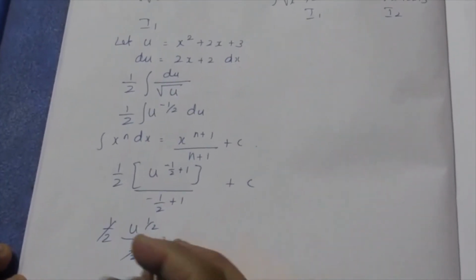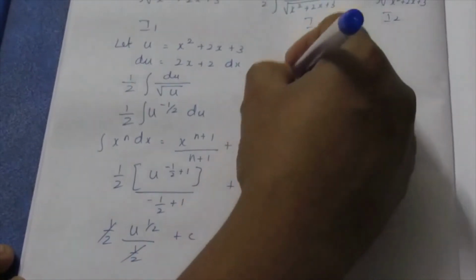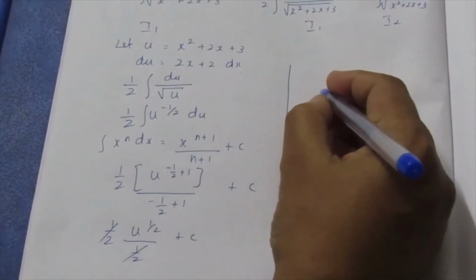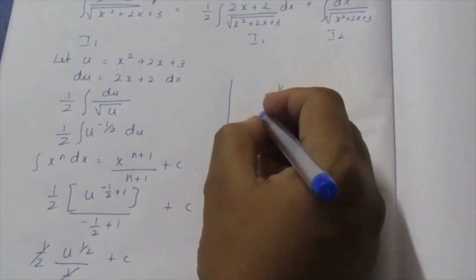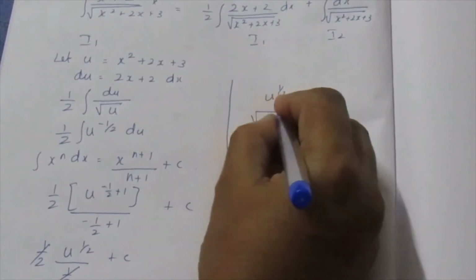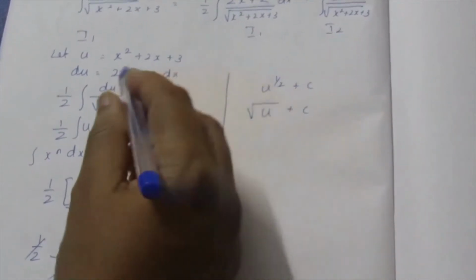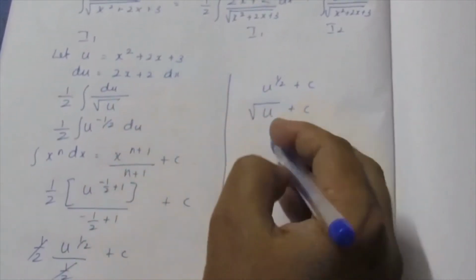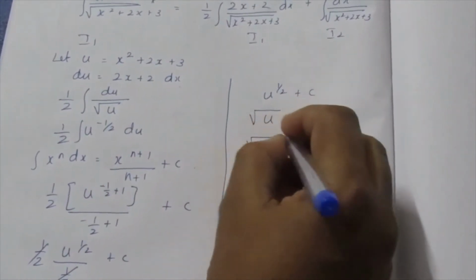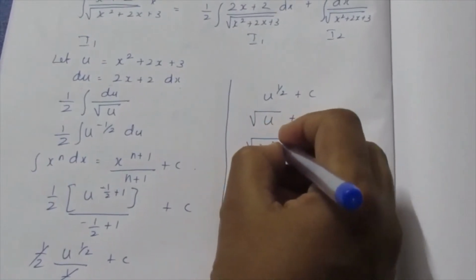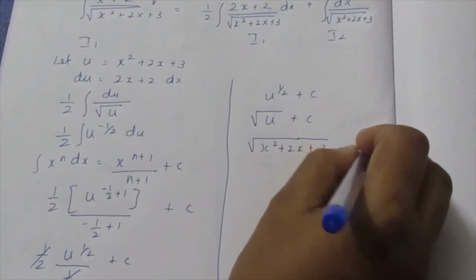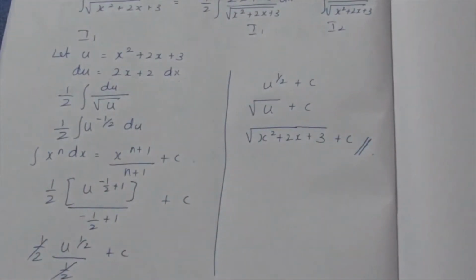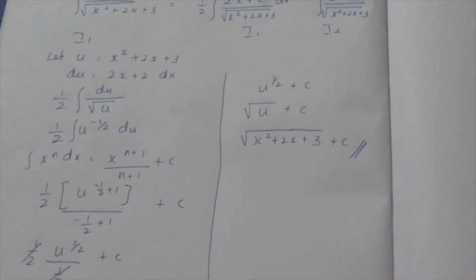Now we have u power half alone. So u power half plus c, this is nothing but root u plus c. Root u value is this. So we can directly write it to be root of x square plus 2x plus 3 plus c. So this is your final integration answer for I1.